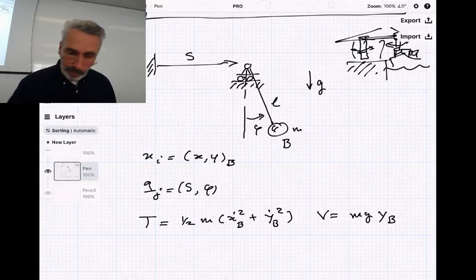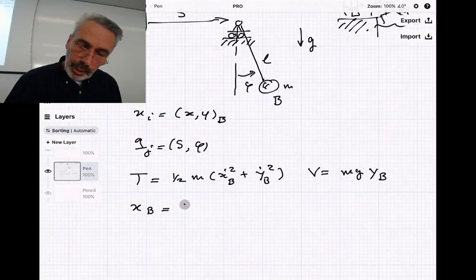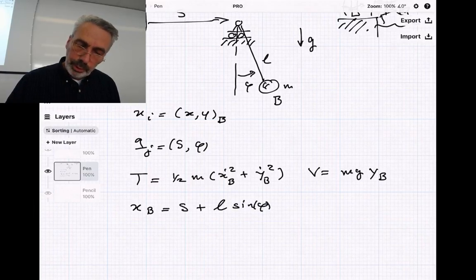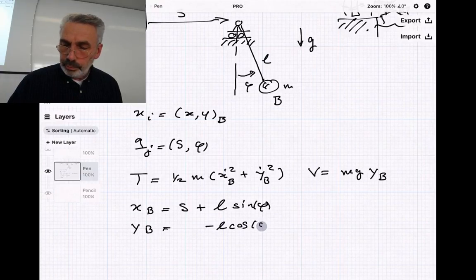Agree? Okay. Now that shouldn't be so hard. So the position of B is s plus L sine phi, right? Nice brackets. And the y coordinate is, there is no s, minus L cosine phi.